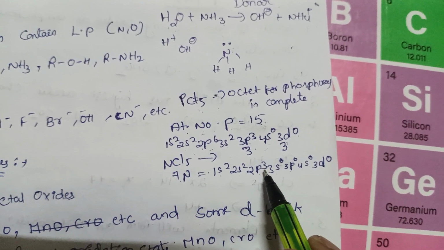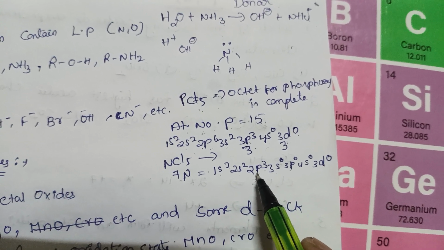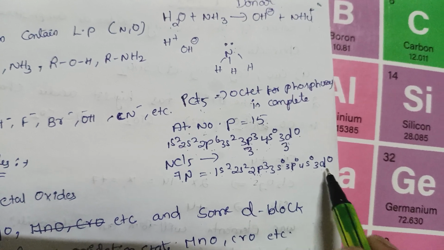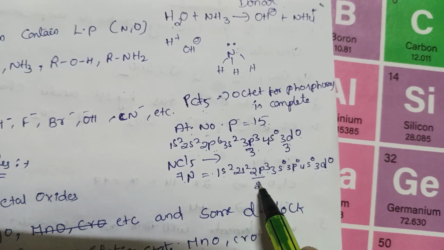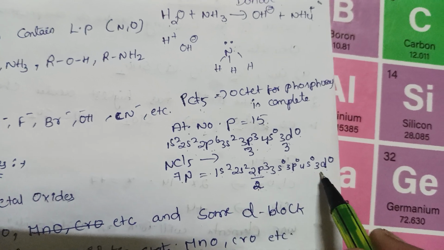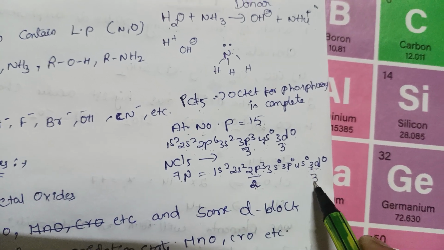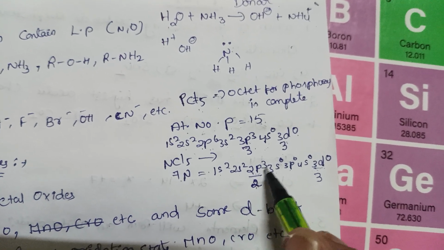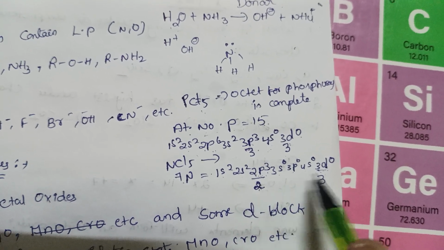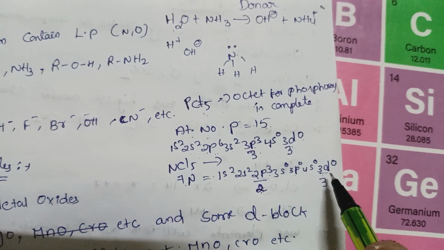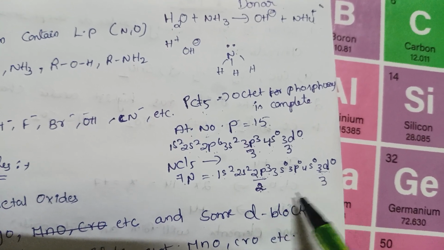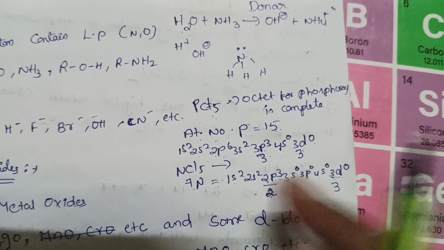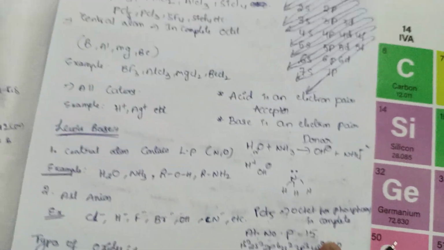The last electron enters the 2p orbital, so the principal quantum number is 2. The next d orbital is 3d, with principal quantum number 3. Both are not equal, so it has no vacant d orbital, and it does not act as an electrophile, meaning a Lewis acid.